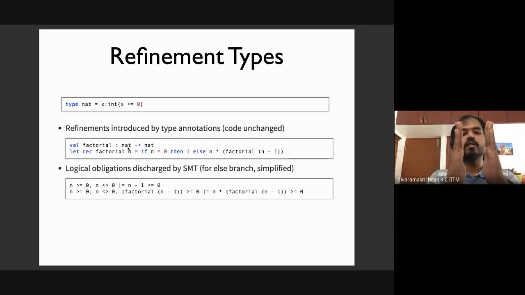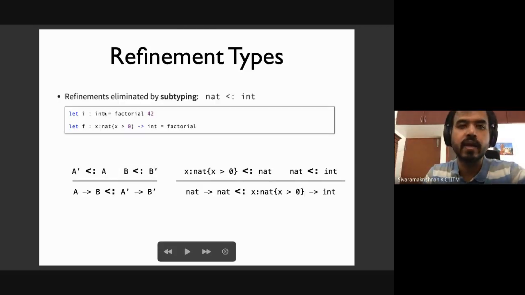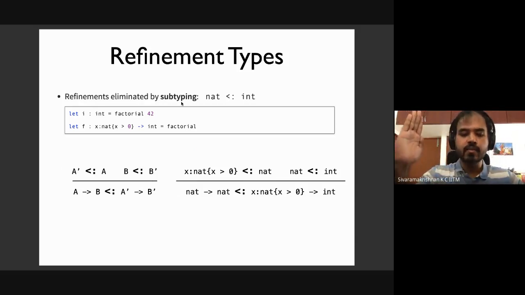So we can refine types by adding type annotations. We can also widen them, and the way you widen is this: you can eliminate refinements by subtyping. We have this notion called subtypes because we have this rich notion of refinements where we narrow and widen the types.